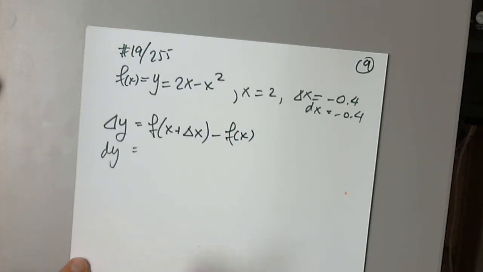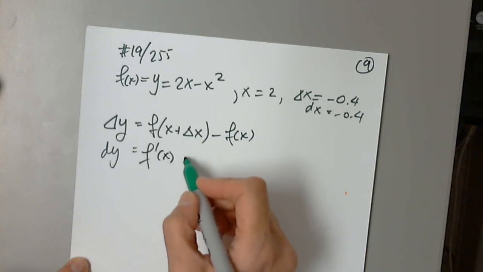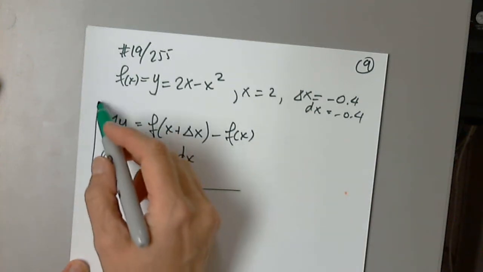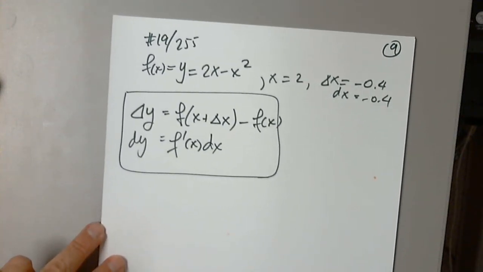What does dy equal? We can never forget that. f prime of x times dx. That's it. So please remember these two. That's how we got that famous relationship, because they are almost the same. Not the same, almost the same.